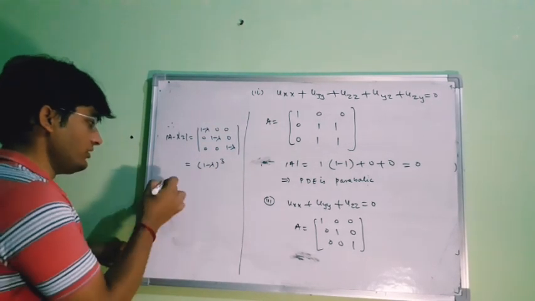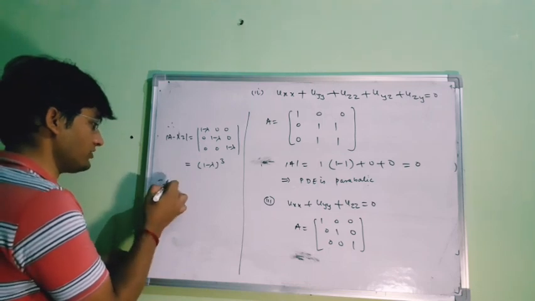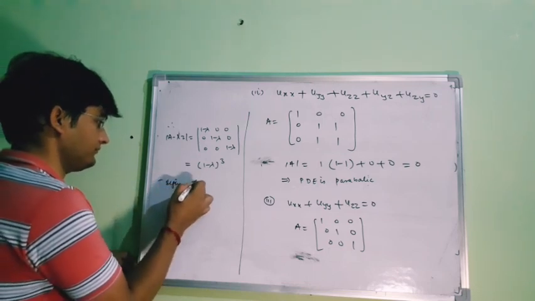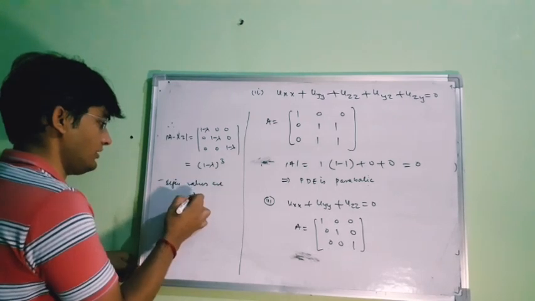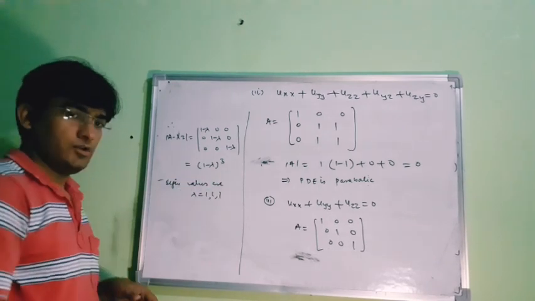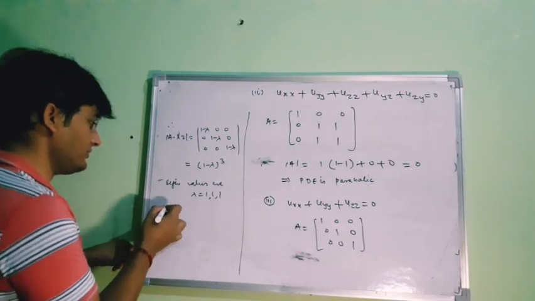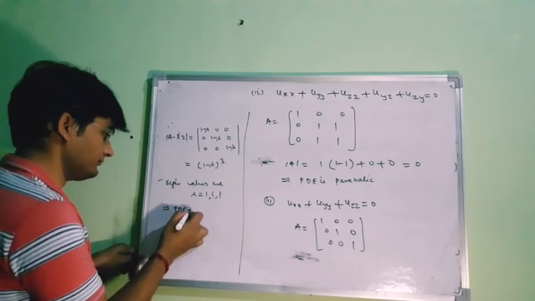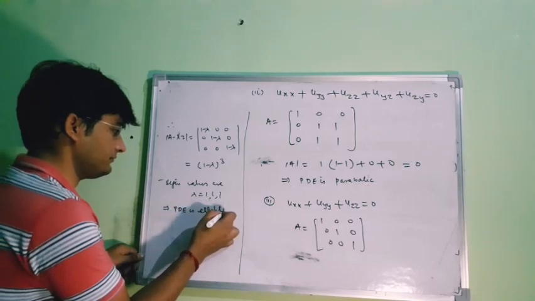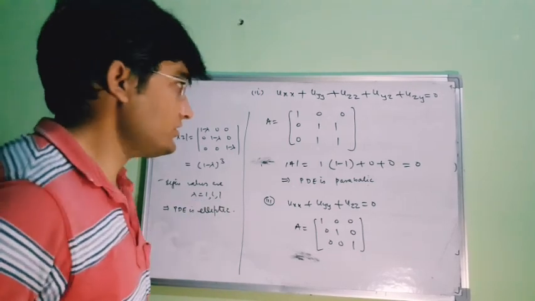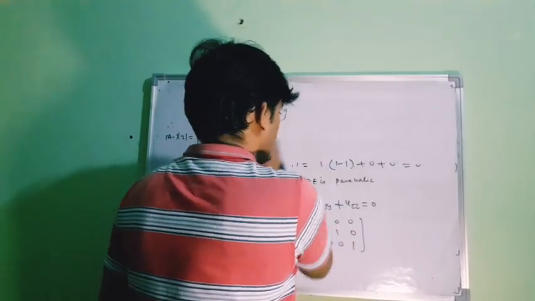All the eigenvalues are lambda equal to 1, 1, 1. As all the eigenvalues are non-zero and have the same sign, this implies that the PDE is elliptic. Hence the partial differential equation is of elliptic nature.